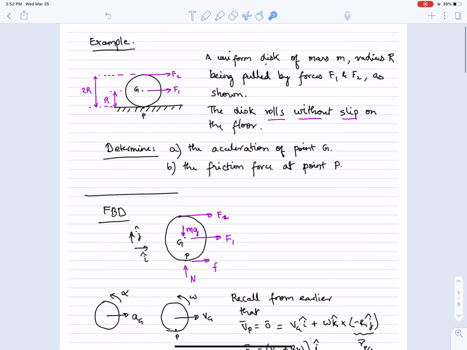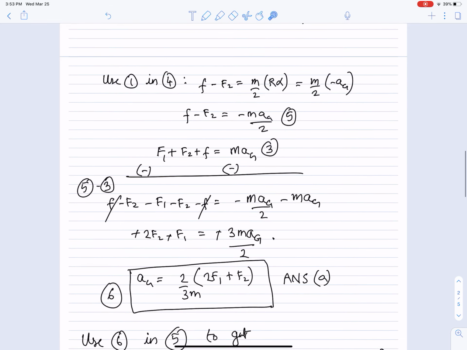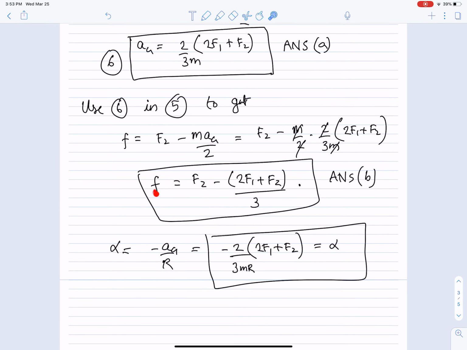Okay, so that's how you compute the friction force for an object rolling without slip.